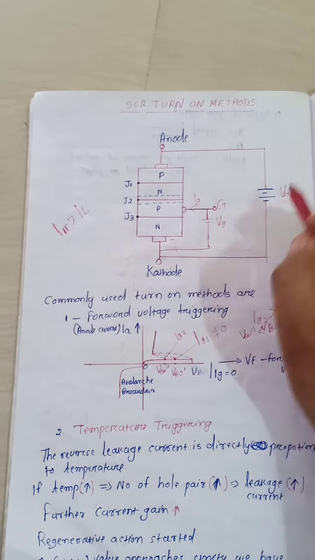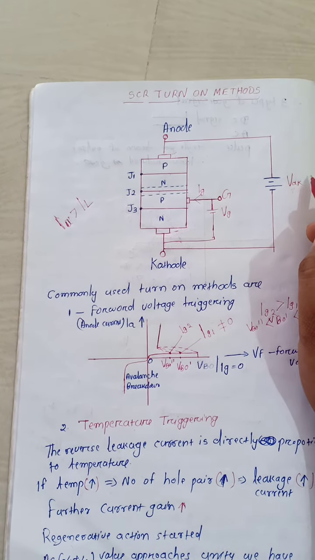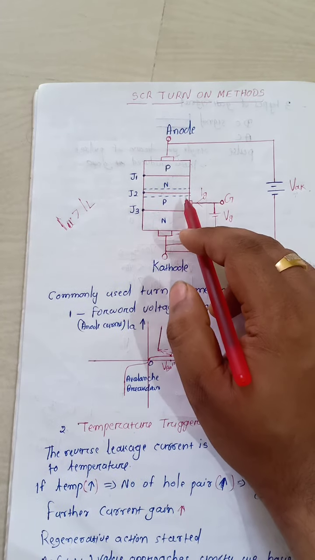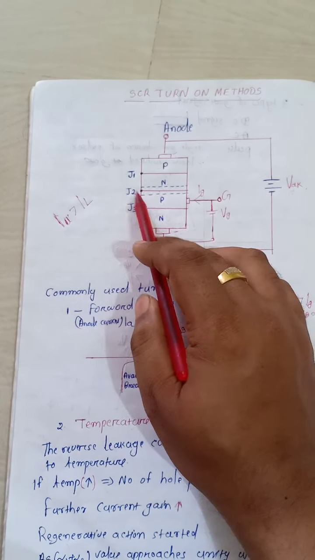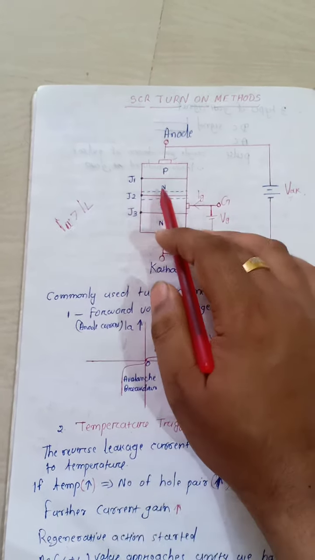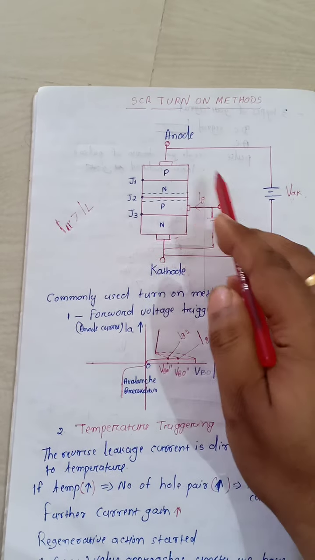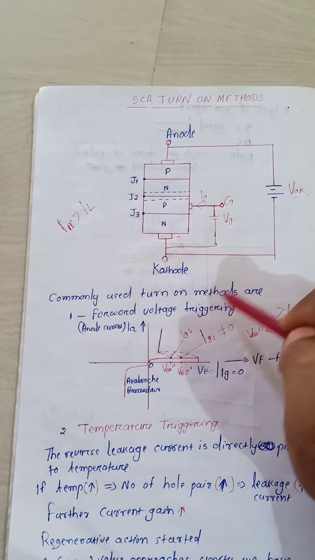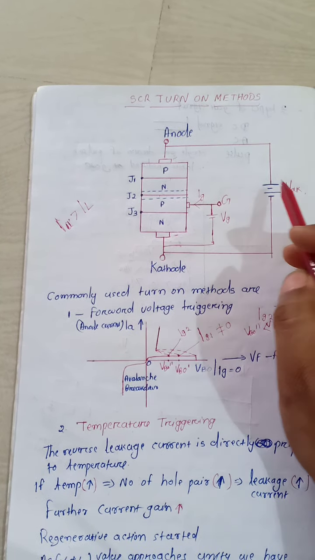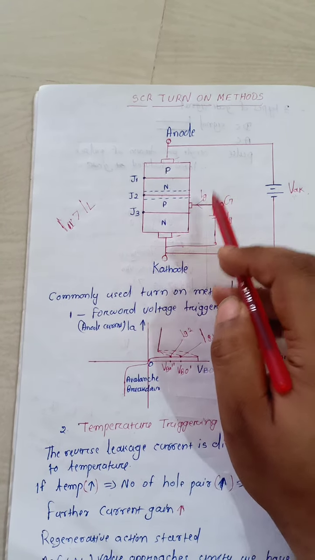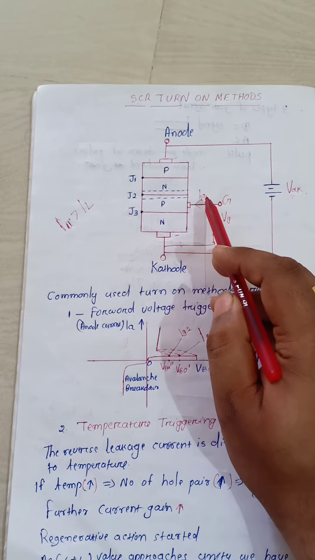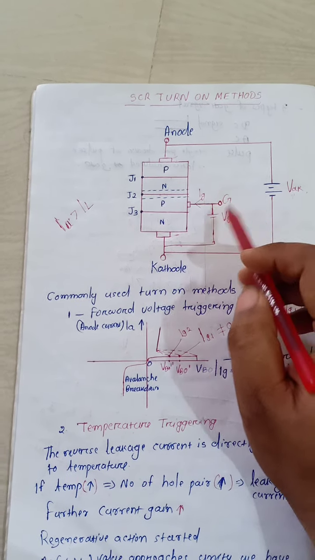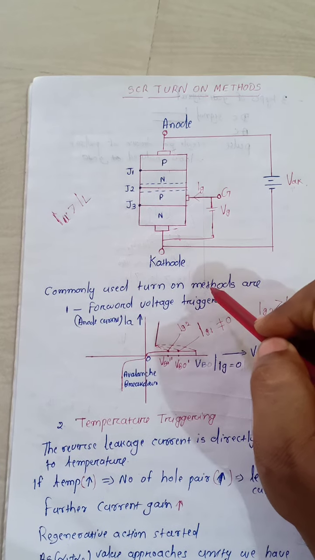So step 1, increase this voltage up to forward breakover voltage. Step 2, check whether the anode current is greater than IL, or latching current, or not. Then our device will be turned on completely by the forward voltage triggering method. Remember, we have not applied any signal over the gate, that is, Ig equal to 0 in the forward voltage triggering method.